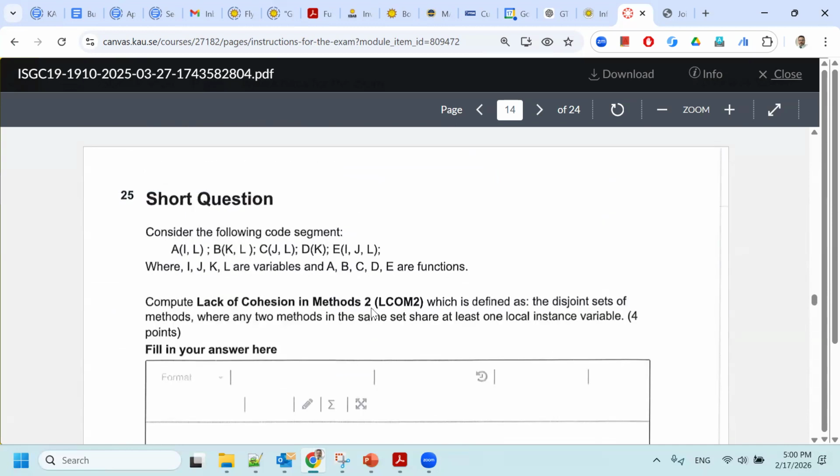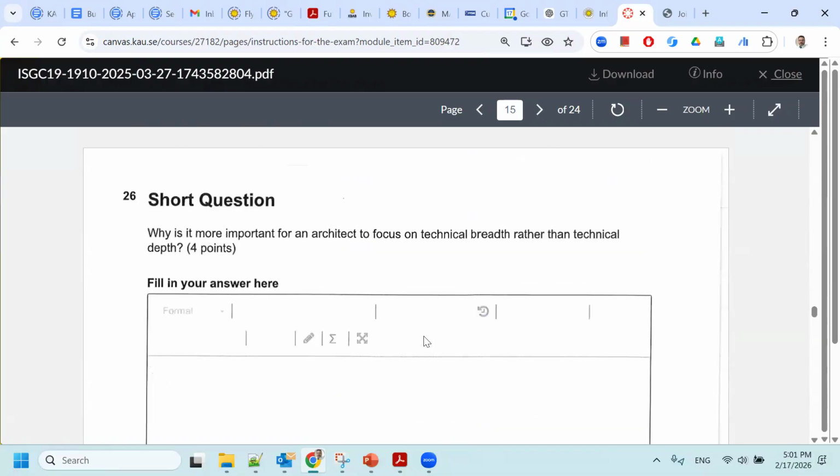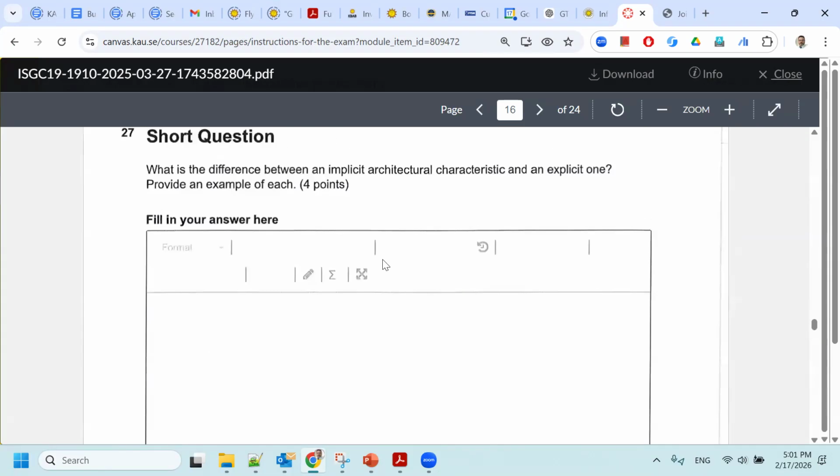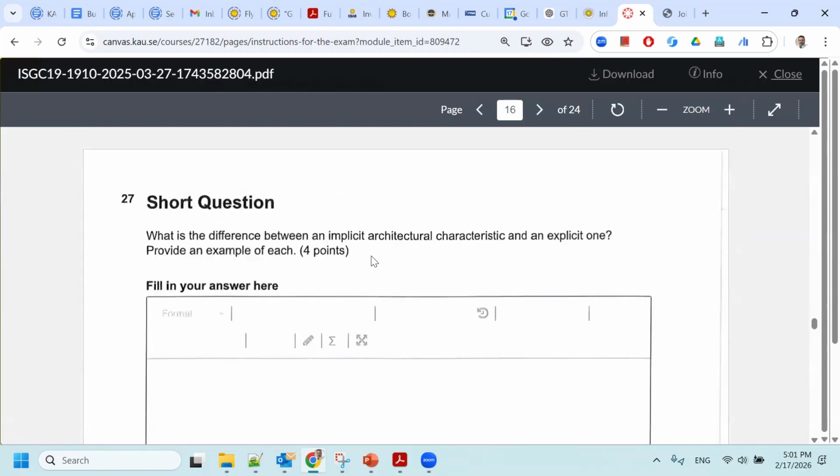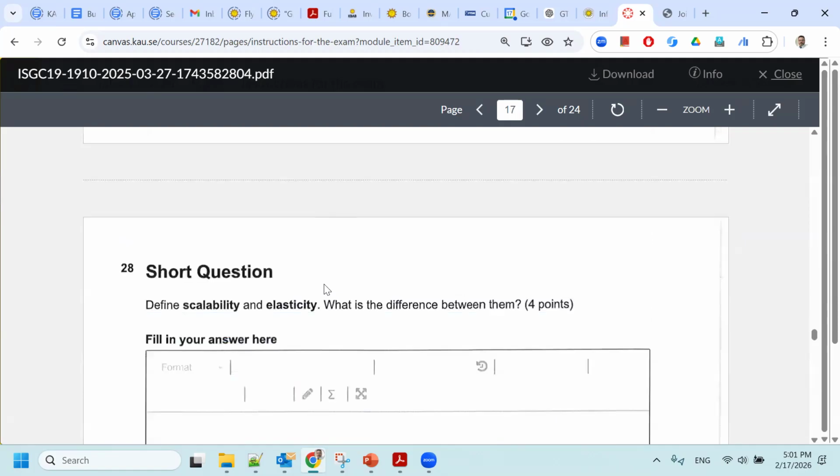Lack of cohesion in methods, LCOM. So let's look at this one. Why is it more important for an architect to focus on technical breadth rather than technical depth? It is in the first two chapters. That one is pretty easy to answer. I will try to give questions which we are repeating a lot, like elasticity and scalability.